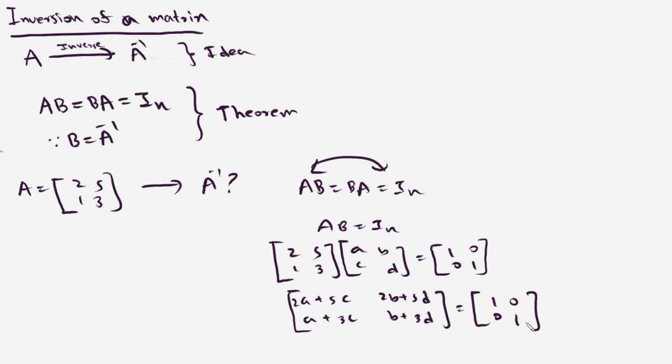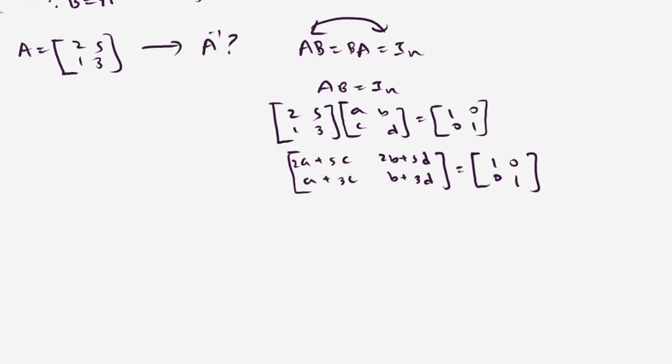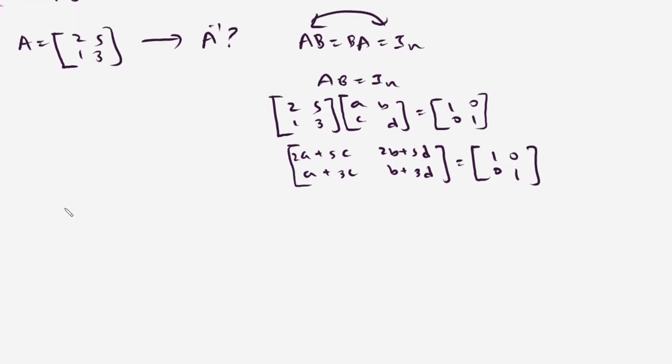So now I have 4 equations that I have to solve: 2A plus 5C equals 1, A plus 3C equals 0, then 2B plus 5D equals 0, then B plus 3D equals 1.